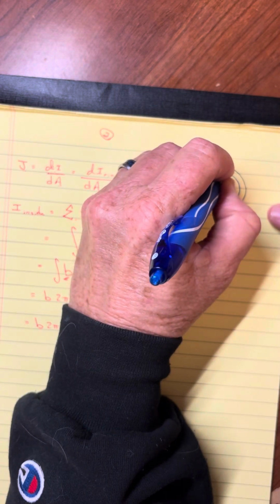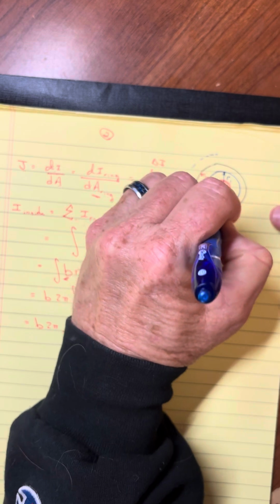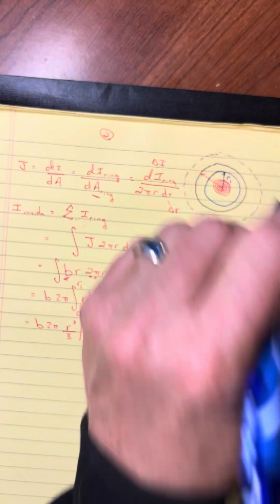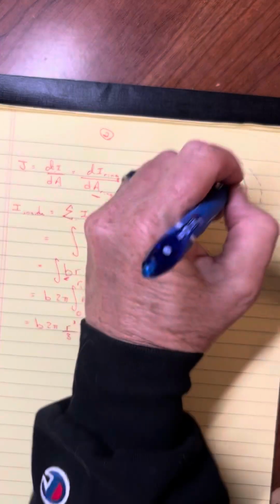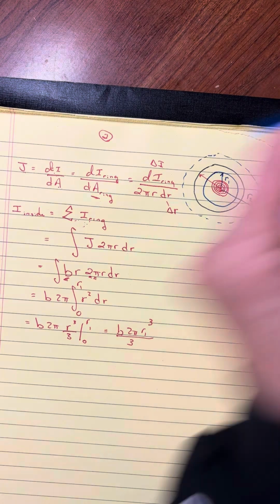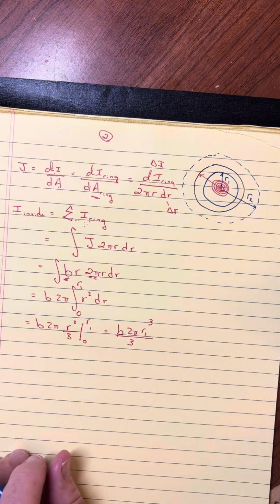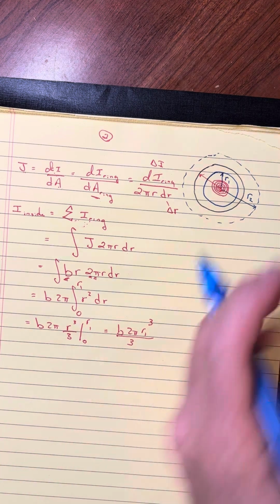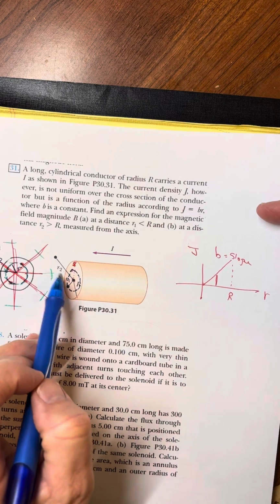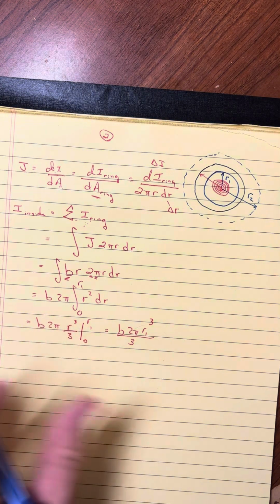So this was R1. Now let me do an Ampèrian loop that we'll call R2, because R2 is, where is R2? Oh, yeah, right in here. R2 in this picture is outside of the wire, okay?